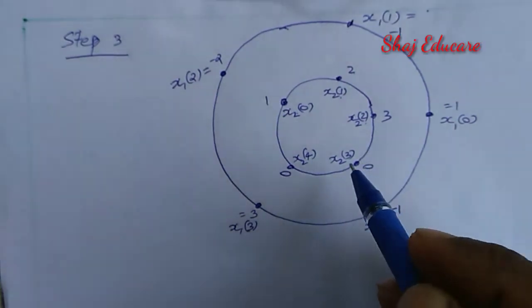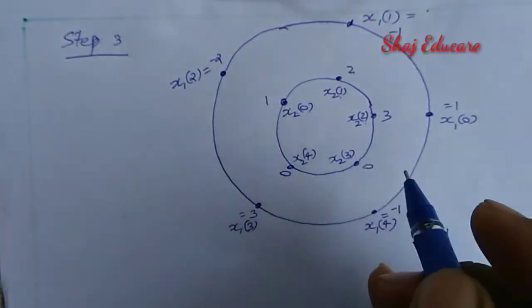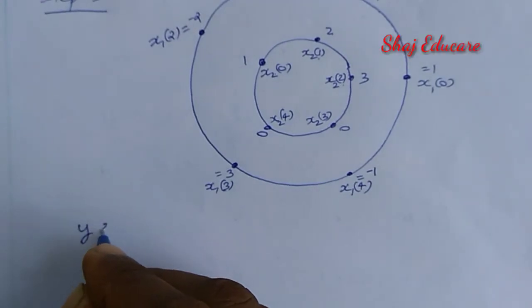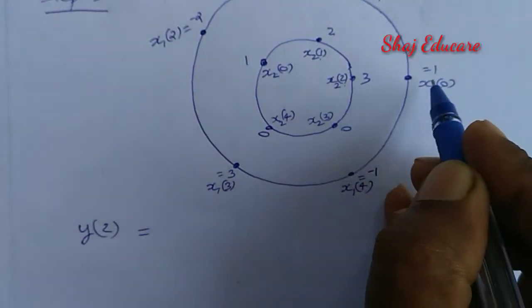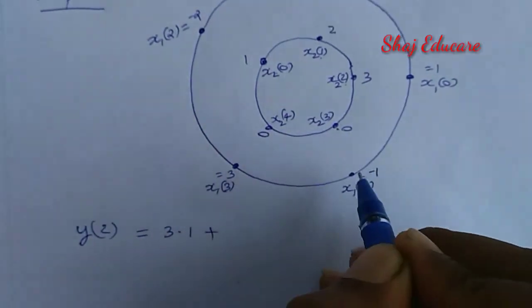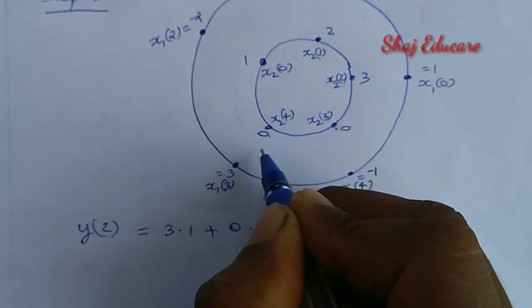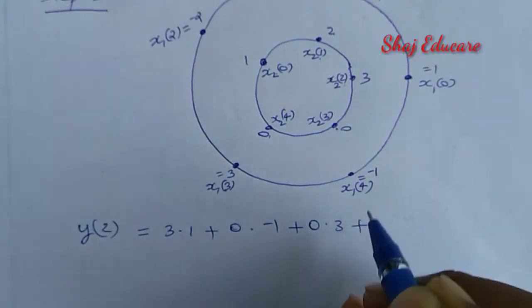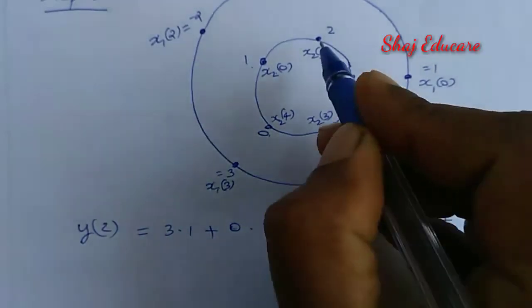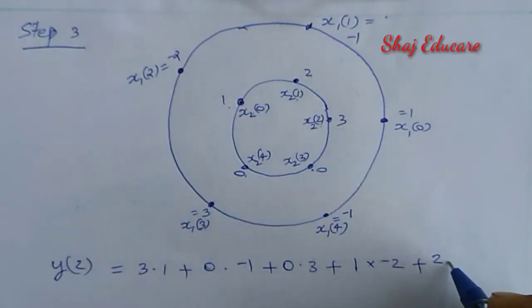Okay, then repeat the same procedure, multiply corresponding samples and add them together, so that we will be getting y of 2, that is equal to 3 into 1 plus 0 into minus 1 plus this 0 into 3 plus this 1 into minus 2 plus this 2 into minus 1.